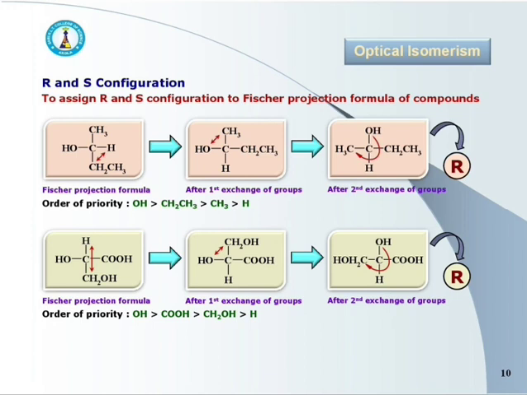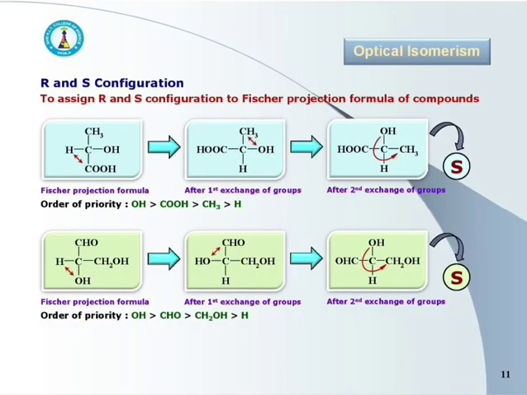And now see the last structure obtained after the second exchange of groups. In this last structure, again the lowest priority group is at the bottom and the priority of other groups decreases in clockwise direction. It means it is again the R isomer. This Fischer projection formula has the R configuration.